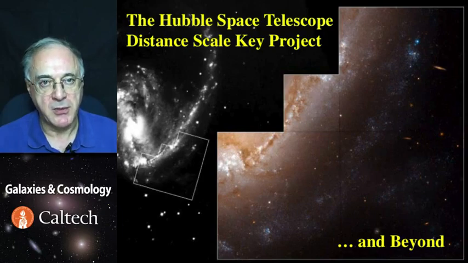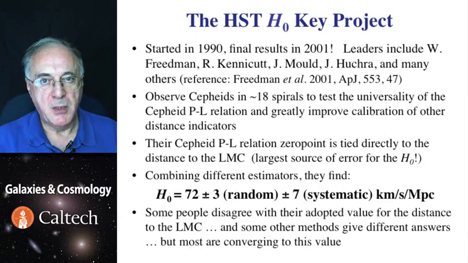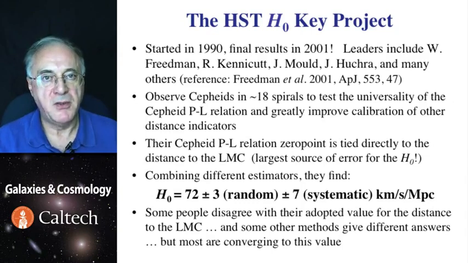not a satisfactory situation. So when the Hubble Space Telescope was launched, measuring Hubble constant was seen as one of its key goals, and it was a subject of the so-called distance scale or Hubble constant key project. This took 10 years of very diligent measurements using Hubble Space Telescope, and even today, Hubble Space Telescope continues to be used for this purpose, improving the results.